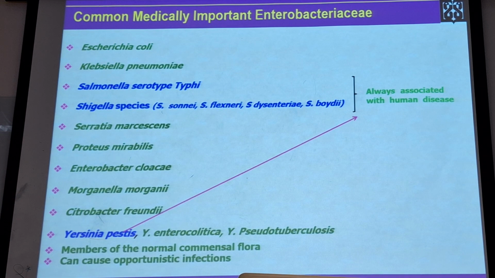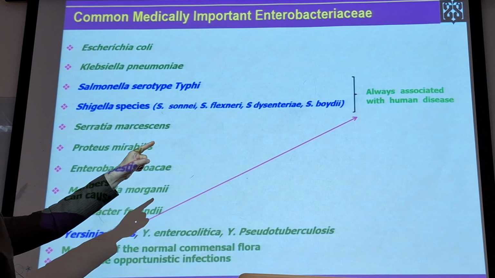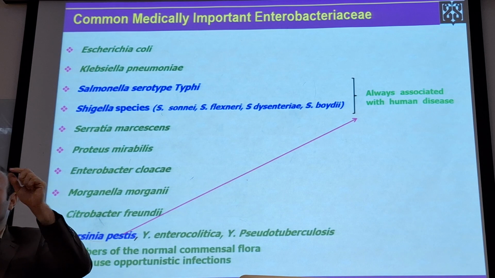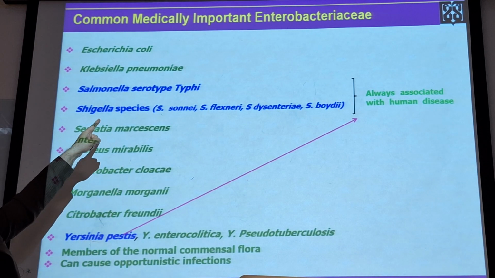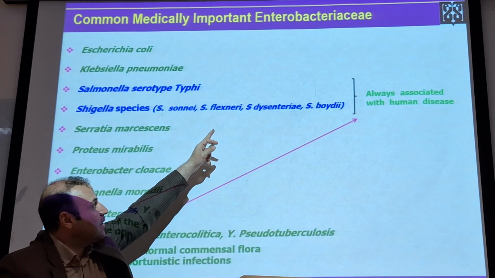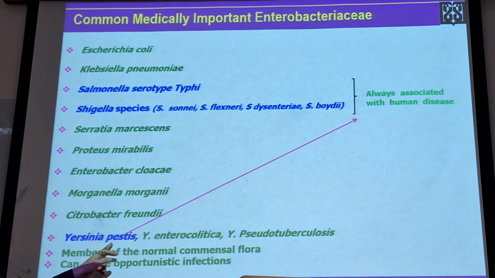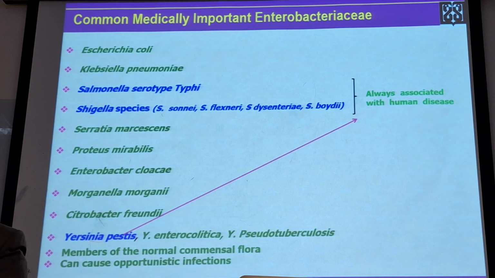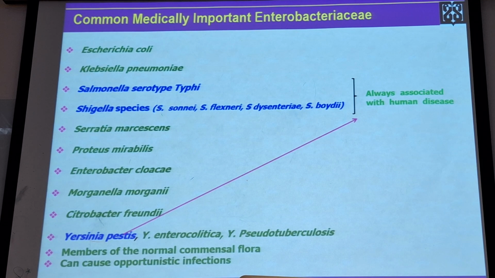Some species are always associated with human disease, such as Salmonella serotype Typhi, Shigella species (Shigella sonnei, flexneri, dysenteriae, and boydii), and Yersinia pestis. These organisms are always related to human infections. The presence of these organisms in clinical specimens is always considered significant.